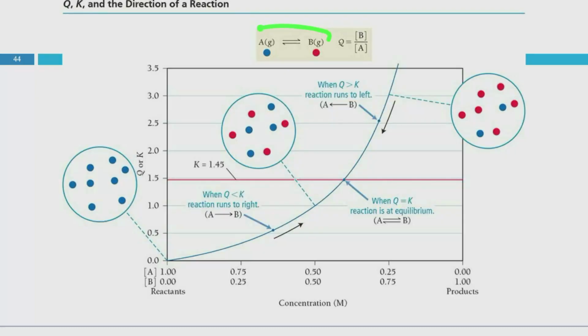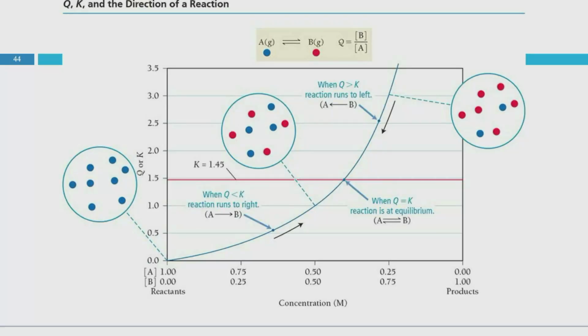Our two things here are A and B. So on the left, it's all A. On the right, we have no A, and it's all B. And we have our Q or K value on the y-axis. This red line is K. This curved line is our Q value at any given set of concentrations.